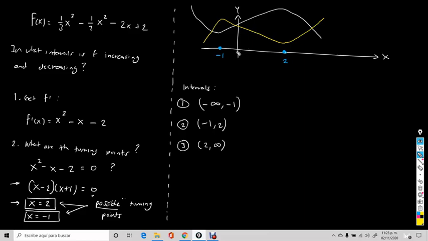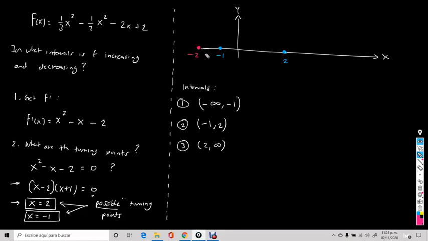How do we know in what way my function is behaving over each of these 1, 2, and 3 intervals? What we do is we take any number. It doesn't matter with what number. Choose an easy one, an easy target. For example, pick any number to the left of this point. For example, minus 2.